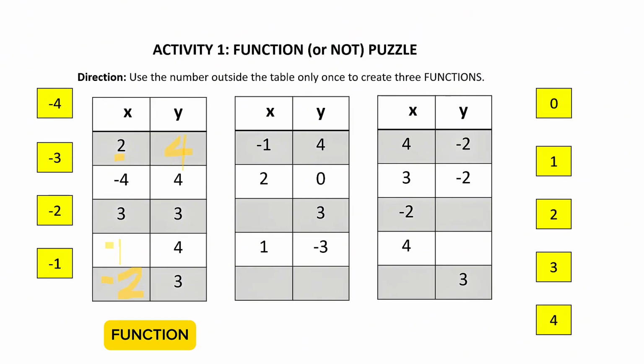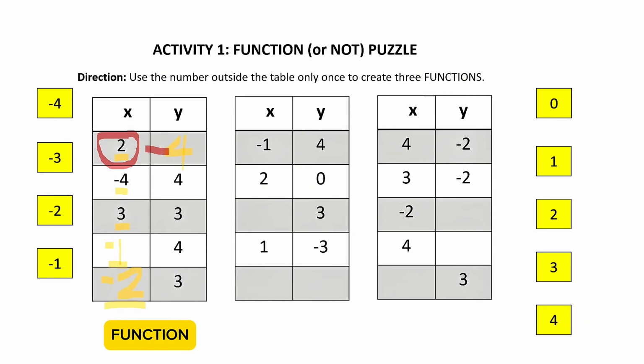2, -4, 3, -1, and -2 are different from one another. And this type of function is many-to-one correspondence, in which multiple values of x or different values of x produce one or the same value of y. As you can see, 2 produces 4.